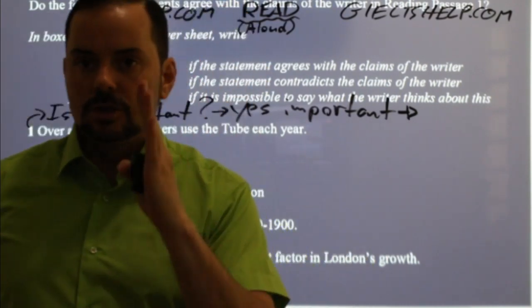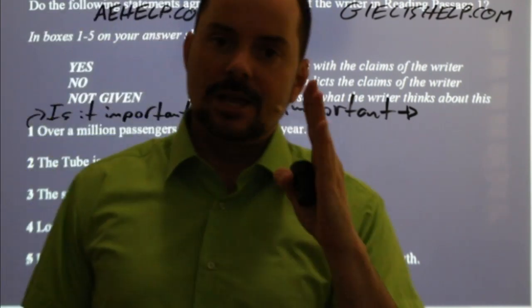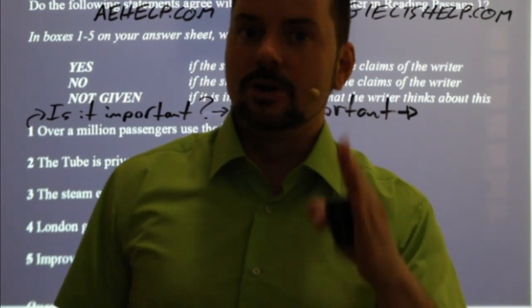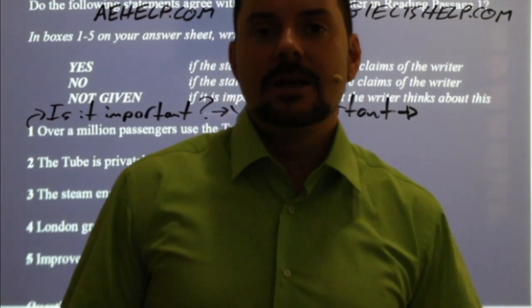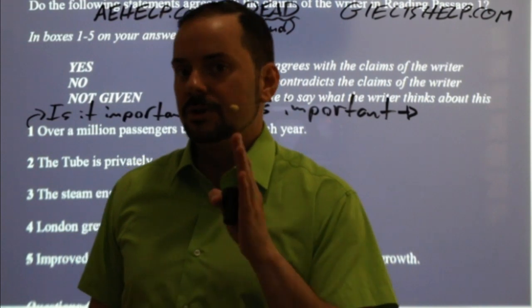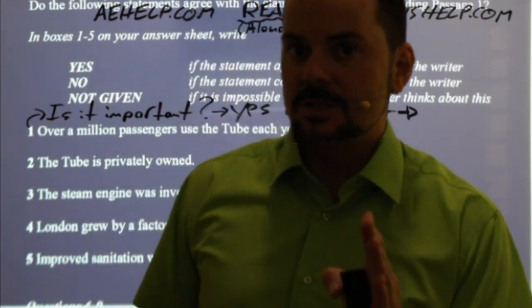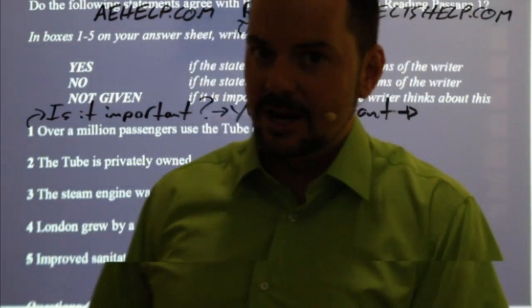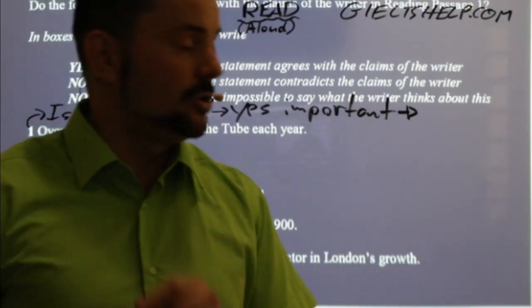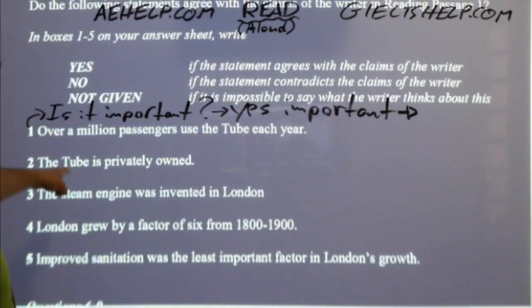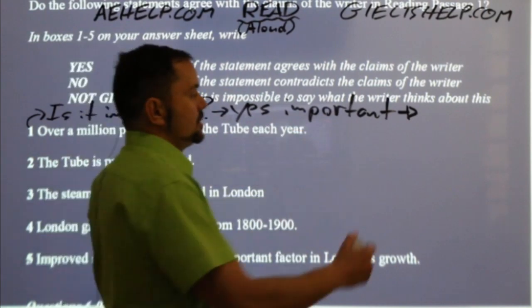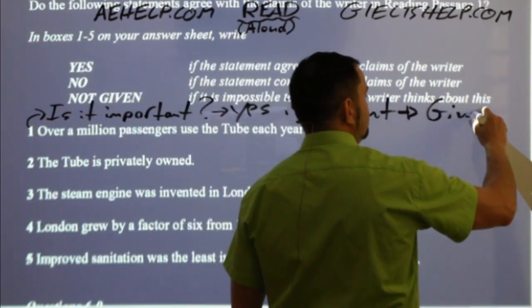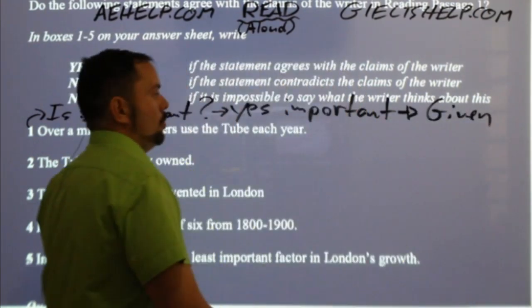So slow, processed thinking. You are the turtle, you're not the rabbit. Everybody knows the famous story of the Greek philosopher Aesop, the rabbit and the turtle. So is it important? Yes, it's important, so it's given. Okay, so we know it's given.